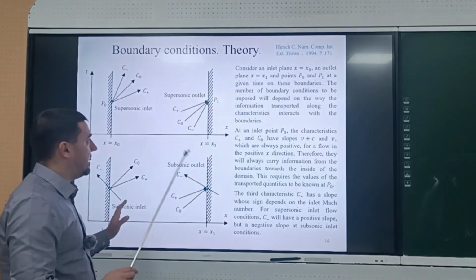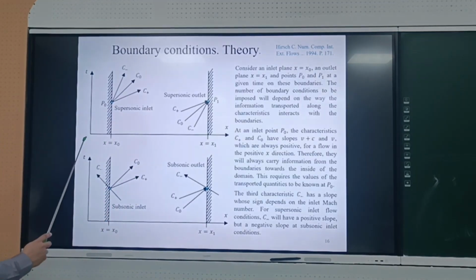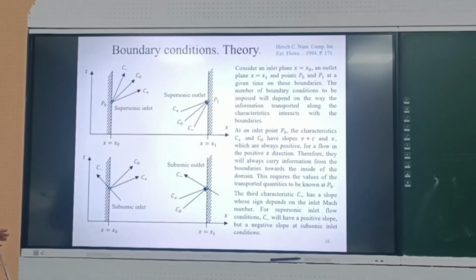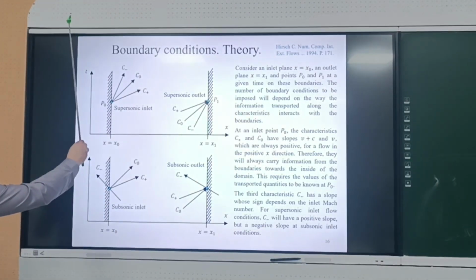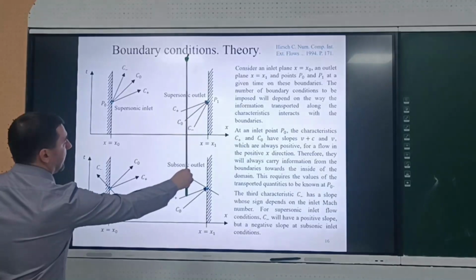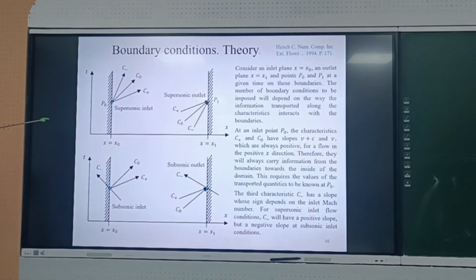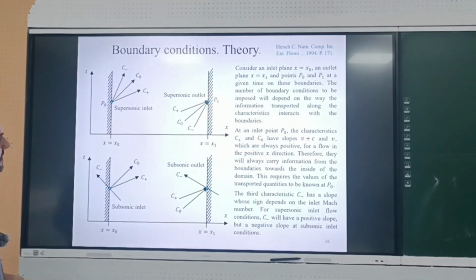Let's apply this knowledge here. Suppose we have our computational domain, x equals x0 to x equals x1. This is the left boundary, and this is the right boundary. Suppose, for example, that the velocity of gas is greater than 0, u is greater than 0. So this boundary is the inflow boundary condition, and this one is the outflow boundary condition.